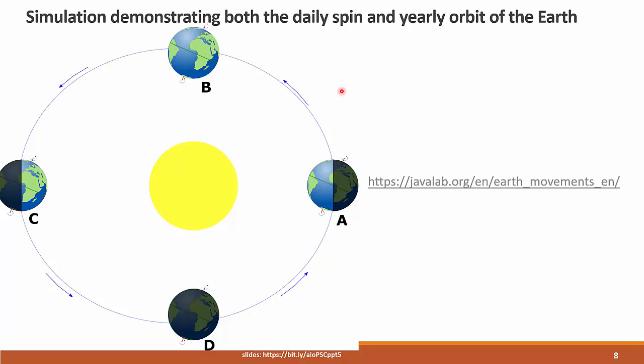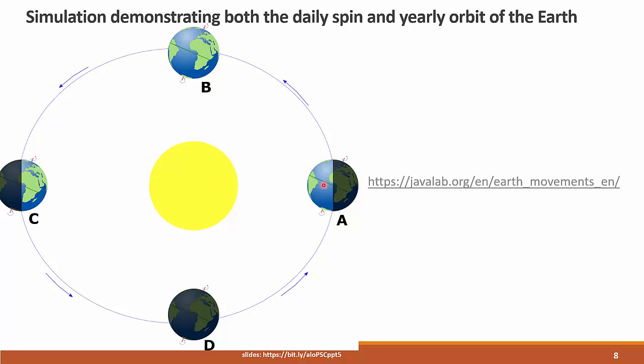The key point to remember here is, as the Earth revolves about the Sun, its axis is always tilted in the same direction. Because of that, parts of the Earth are going to receive more light at some times than at others.